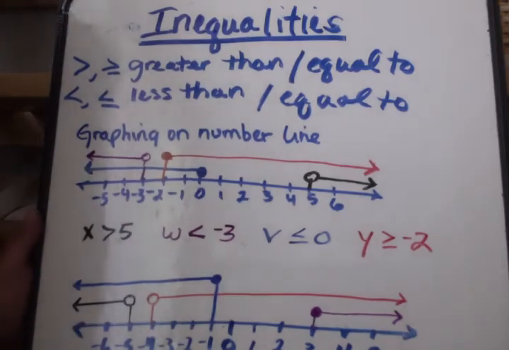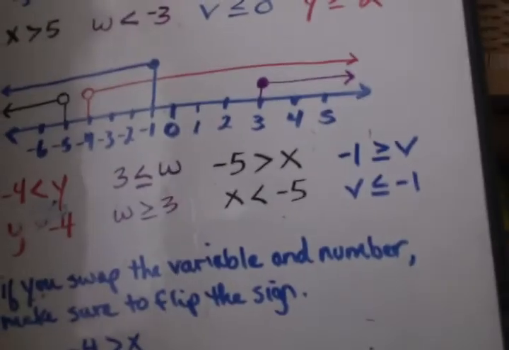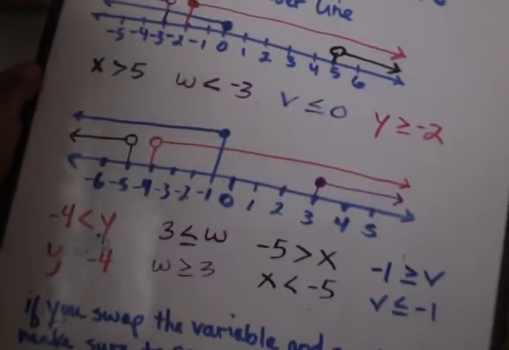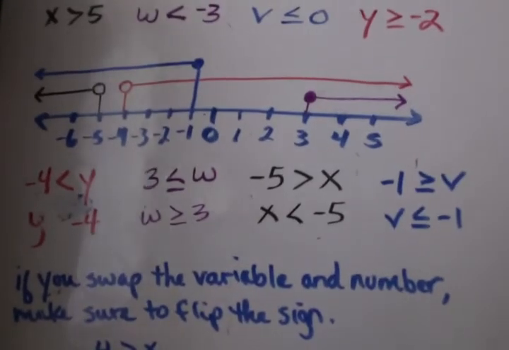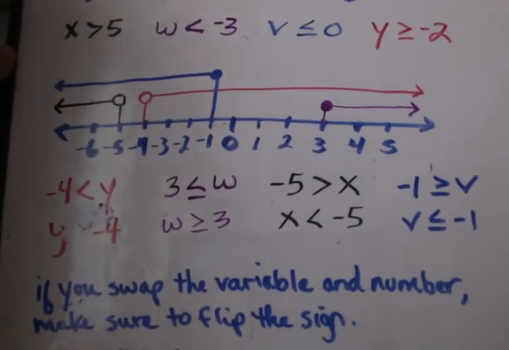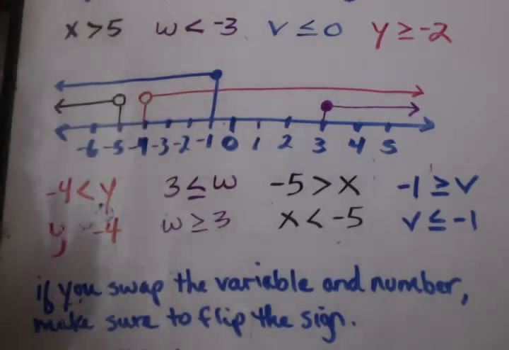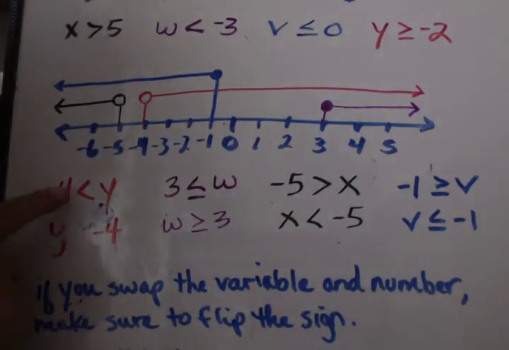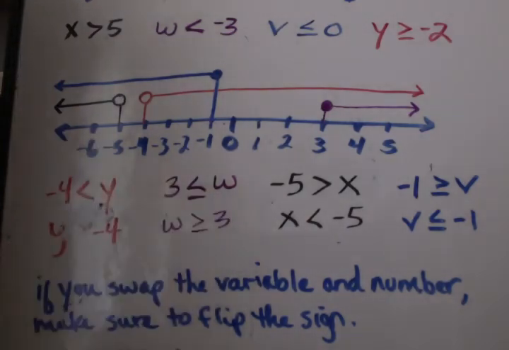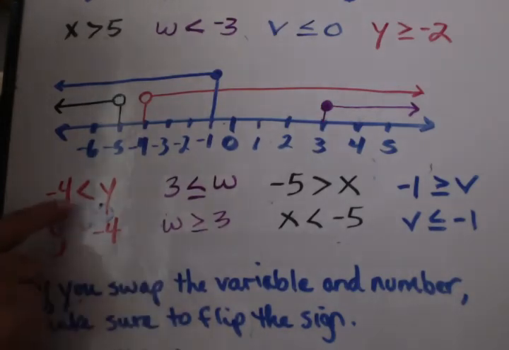All right, now let's take a look at when we reverse the variable. I've got these equations here. Now let's take a look at this next group. -4 is less than Y. And you have 3 is less than or equal to W. Basically the variable is on the right versus the left.